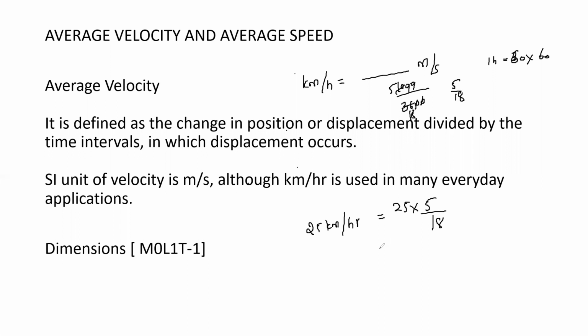Then the dimensional formula is the same as that of velocity: M raised to 0, L raised to 1, T raised to minus 1. So remember the conversion factor from kilometer per hour to meter per second, which will help you with the numericals. So total displacement divided by total time is called average velocity.